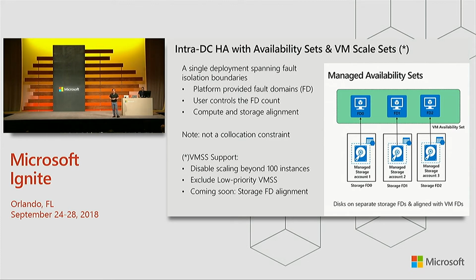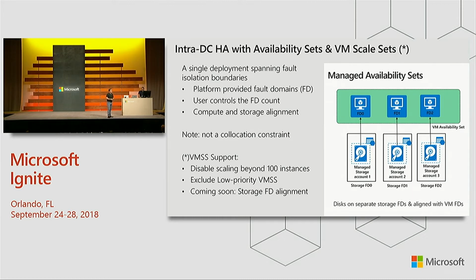Earlier this year, we also rolled out the notion of aligning the compute fault isolation domains with storage fault isolation domains. Remember that your VMs actually boot and operate from remote storage. If you have two VMs which happen to be served from two disks which happen to be within the same storage stamp, you are at risk. So we decided early on to align the compute fault isolation with the storage fault isolation.